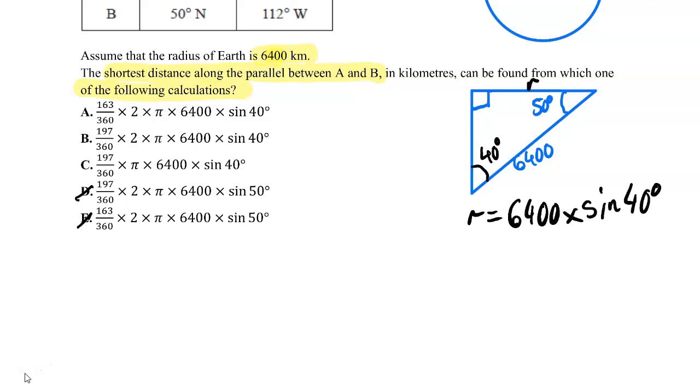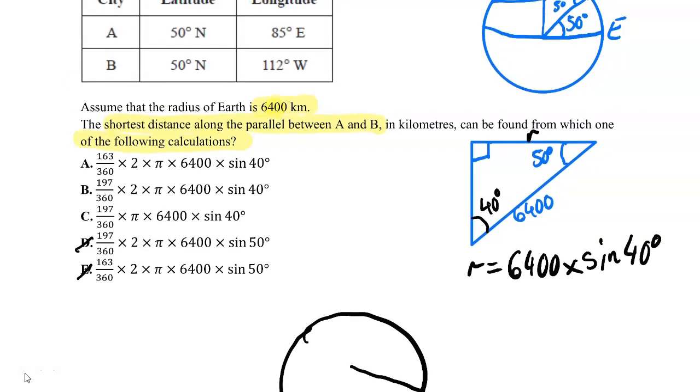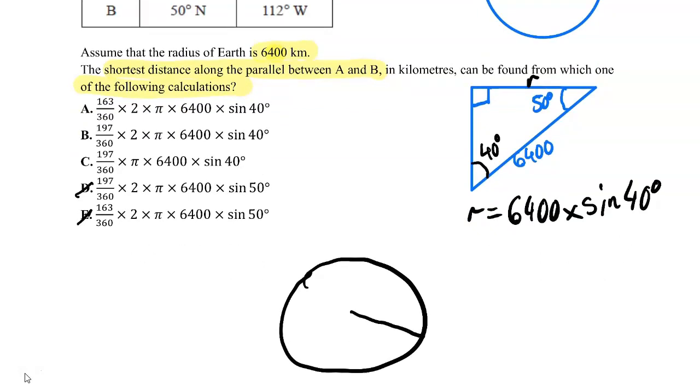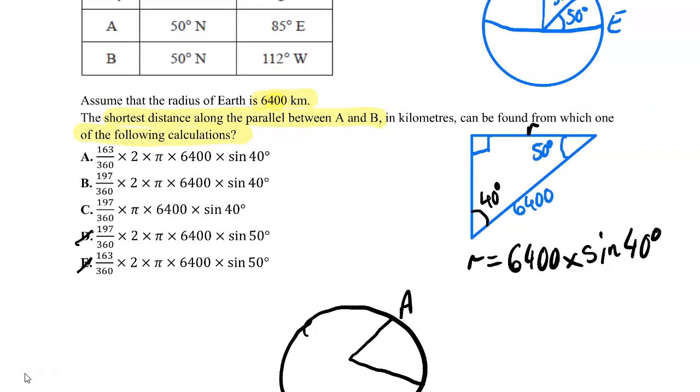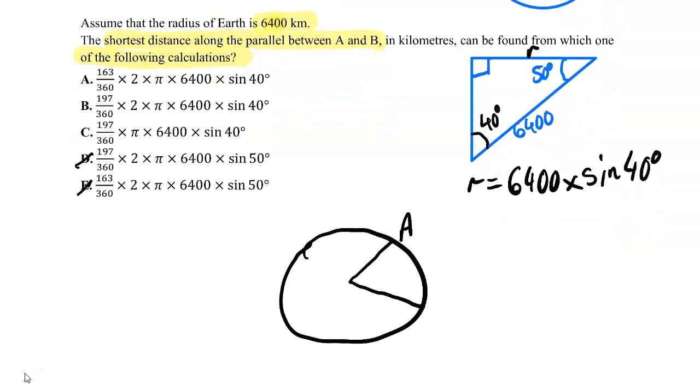We've got to go through the shorter angle. So thinking about that circle now, if we've got our line of meridian there, one is 85 degrees east. Put that A, and the other one is 112 degrees west the other way. And that's there at B.